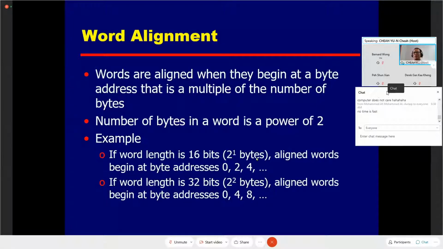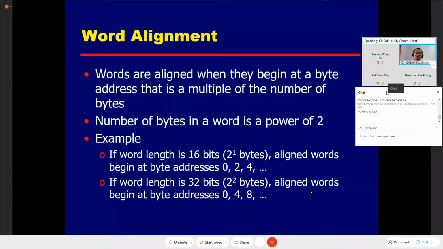Okay, word alignment basically means that all the addresses of those words are according to the number of bytes in the word. That's as simple as I can explain it. So if your word length is, for example, 16 bits, which means 2 bytes, your consecutive word addresses will be 0, 2, 4.